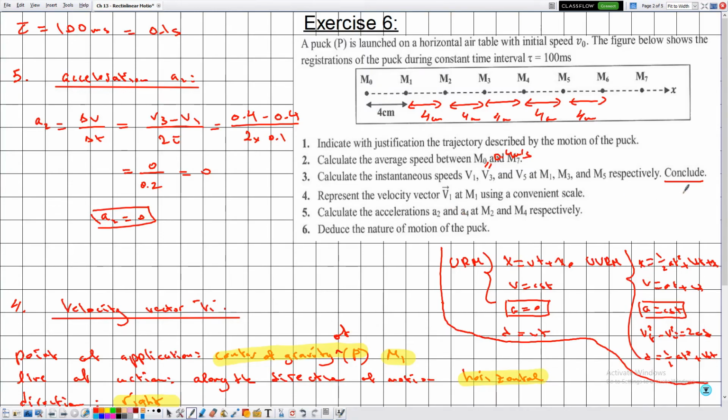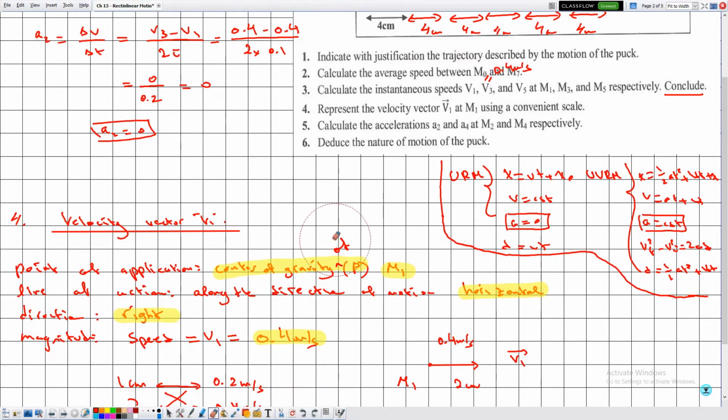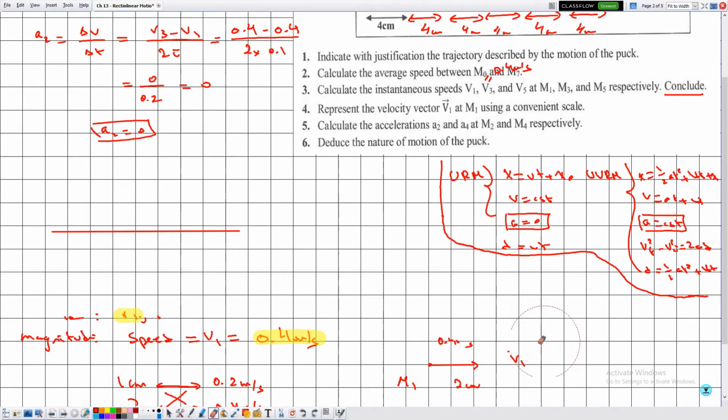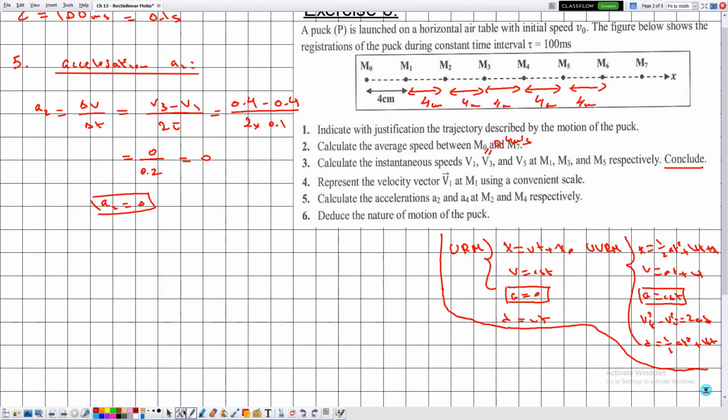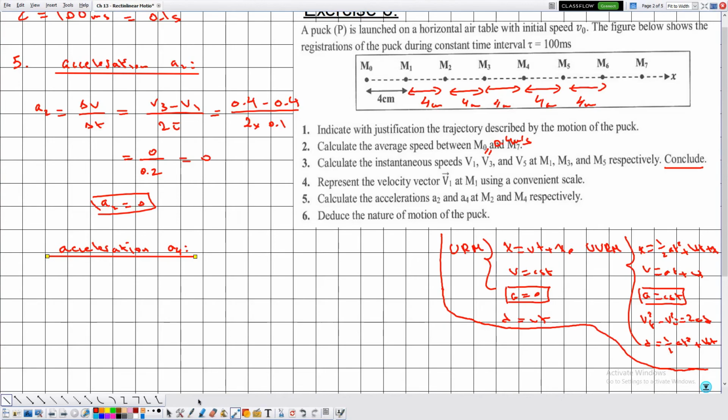Now let's calculate the acceleration A4. Here we are talking about the instantaneous acceleration because it is at a specified instant, but we don't know the type of motion, so we cannot use any of these equations.